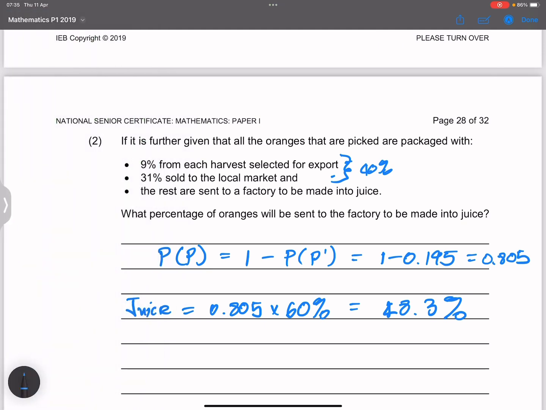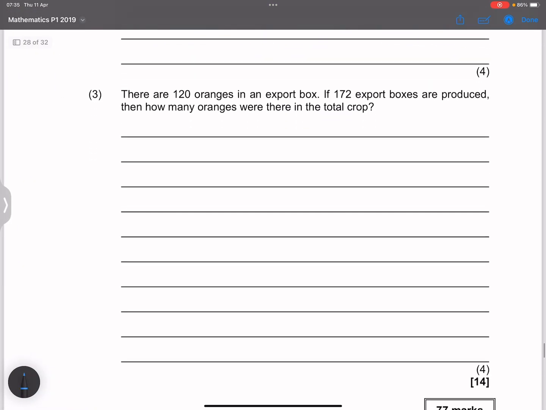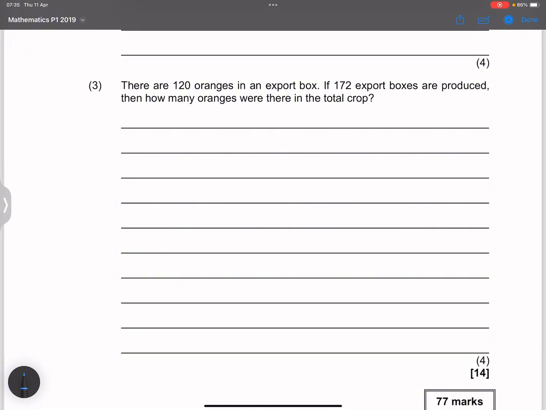All right, and in this case, they say there are 120 oranges in the export box. Okay, and they say if 172 export boxes are produced, then how many oranges were in the total crop?